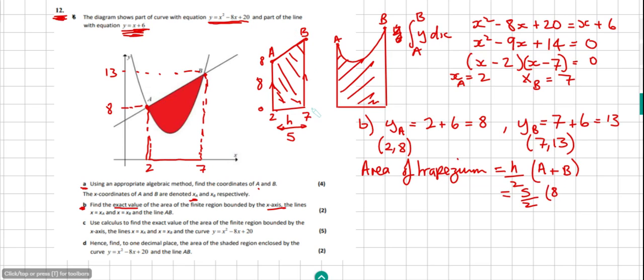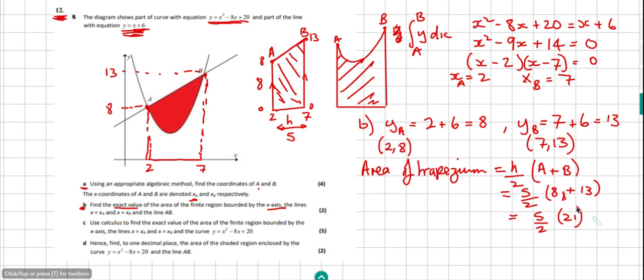And B, again, that's 0 at the bottom and a y coordinate 13. So it's going to be, actually a bit plus there. It's going to be plus 13. So what we've got is 5 over 2 times by 21.